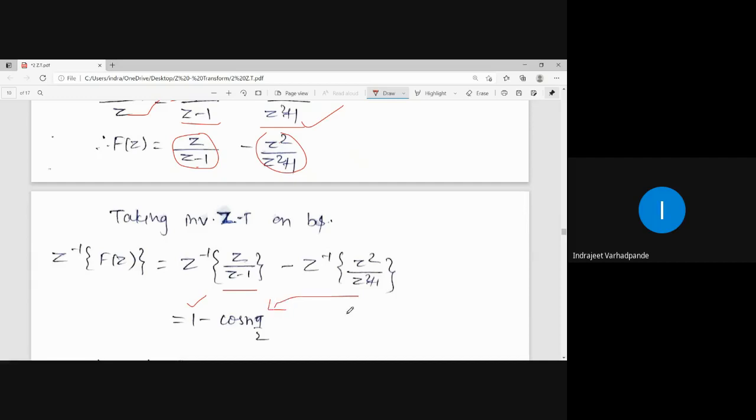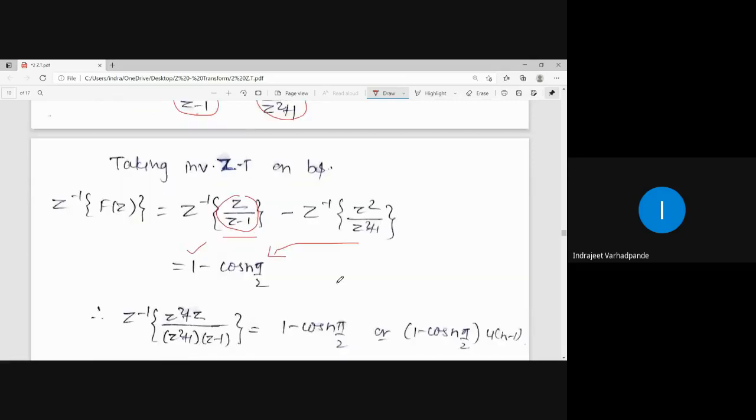So accordingly for the given f of z, whatever was the question, we try to find out the z transform by taking inverse z. We try to find out the inverse z transform by using the partial fraction method and bringing it to such a term whose inverse directly exists, we end our solution.